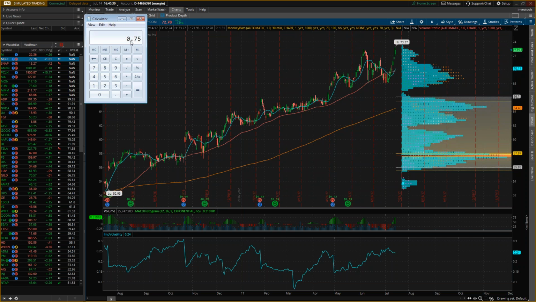And the other thing is, for say an ETF, ETFs are a basket. Anything that's a basket or an index or something like that, those are going to have lower implied volatility percents over the course of a full year.